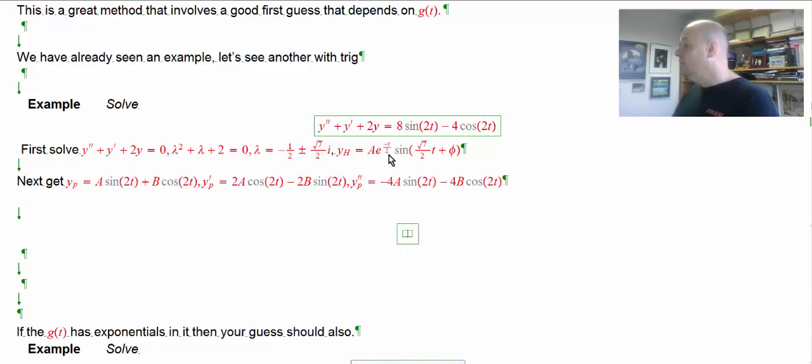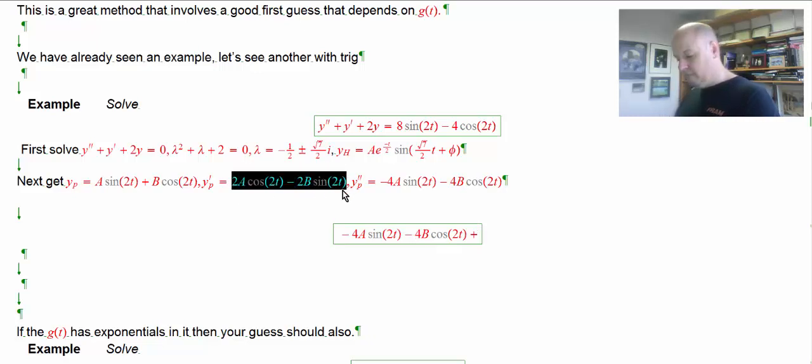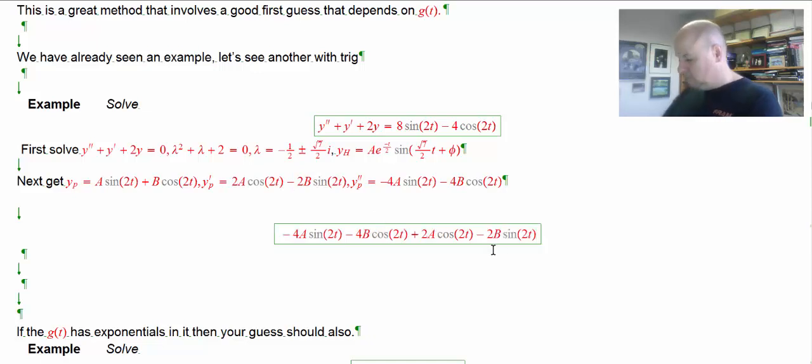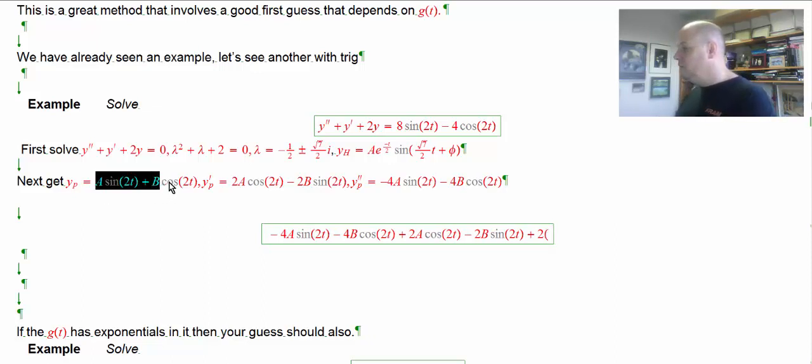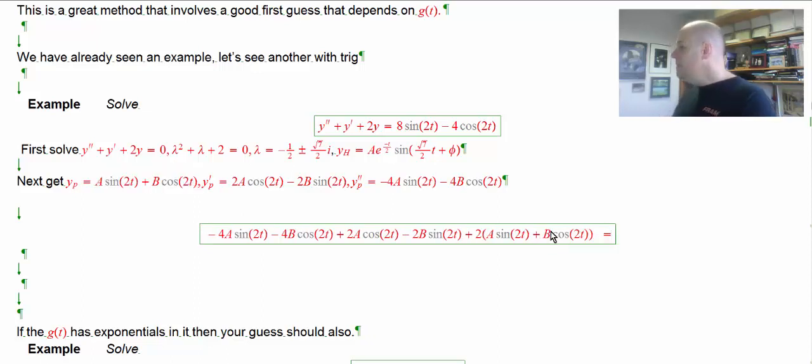So when I sub it into the left-hand side, I need one second derivative plus one first derivative plus 2 of the original function, and I'm making that equal to the target function.